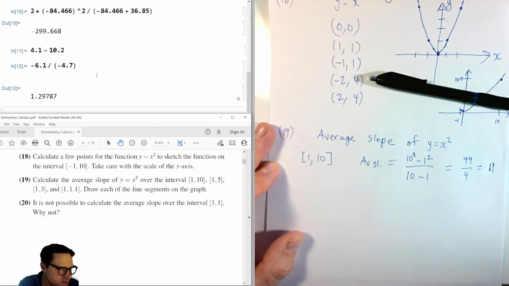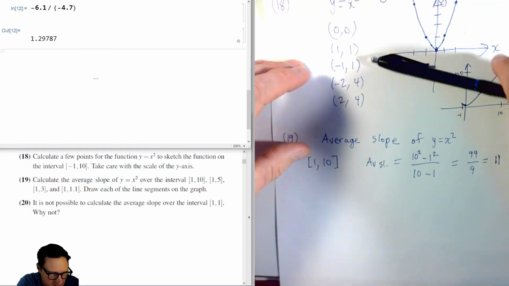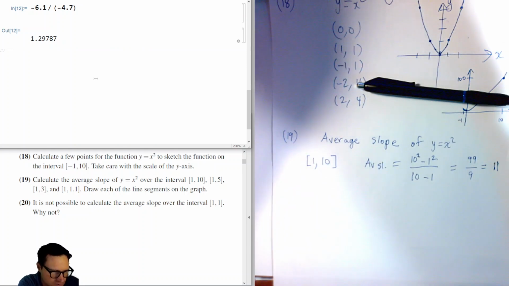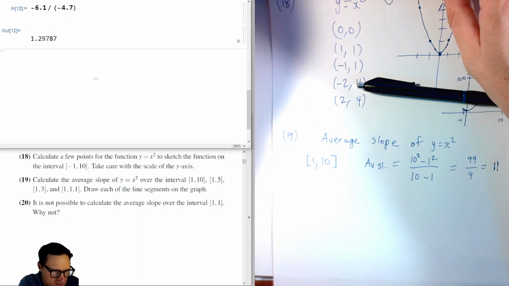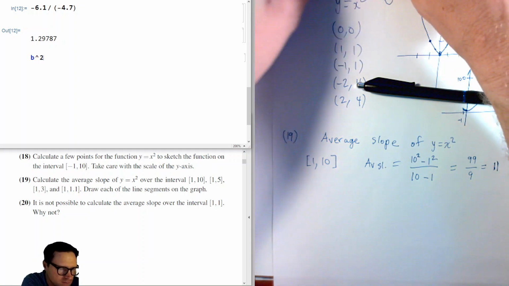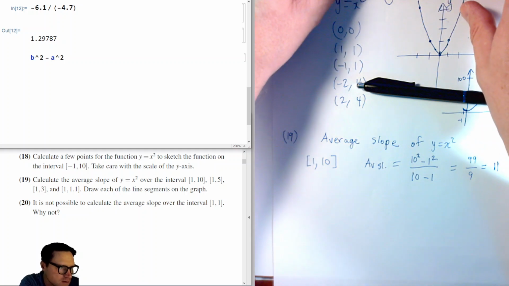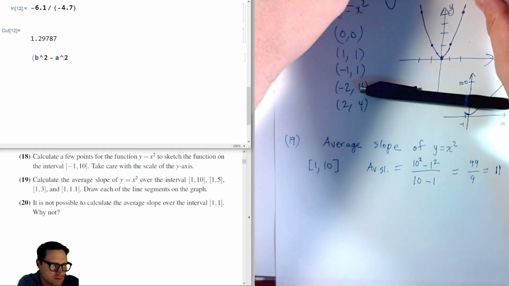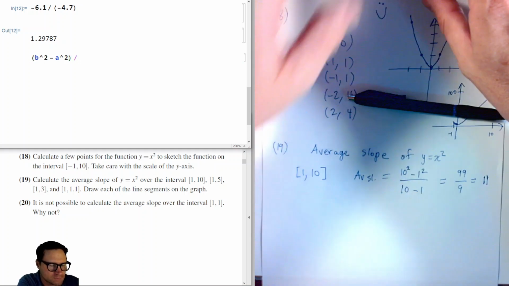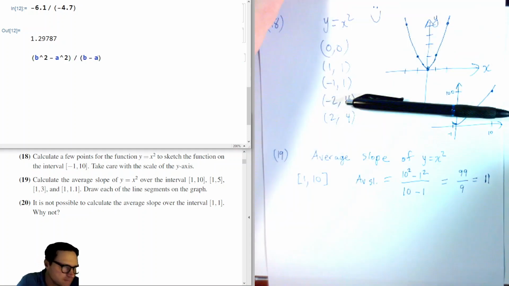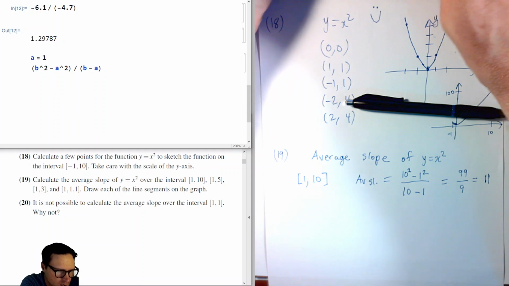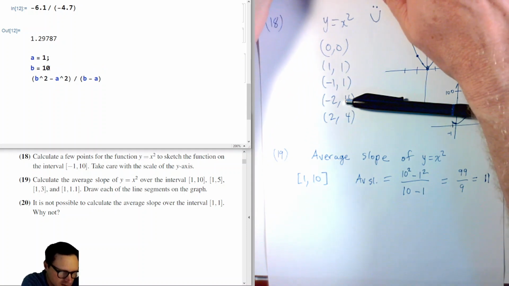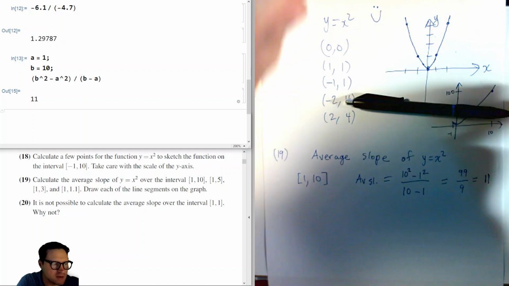Okay, I'll put this into Mathematica also, because we're going to do a bunch of these. So to do that, I think I'll just write a function. Now let's keep it simple. Okay, so we'll say it's b squared minus a squared over b minus a, and then I'll just enter into memory that a is equal to 1 and b is equal to 10. Okay, so we get 11 as expected.